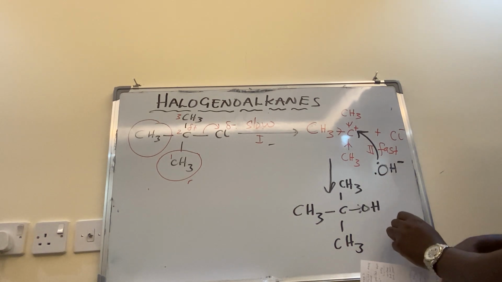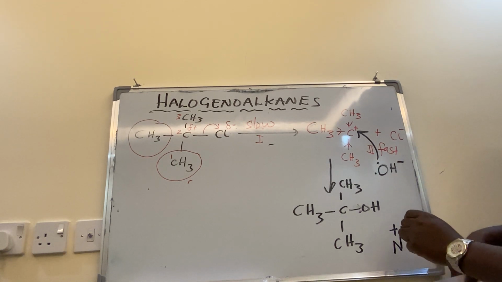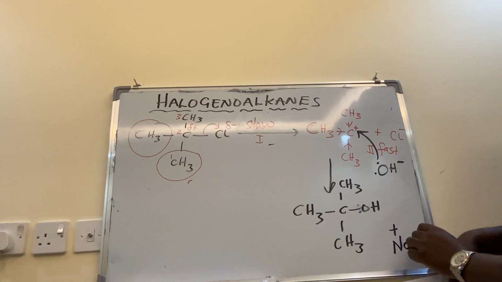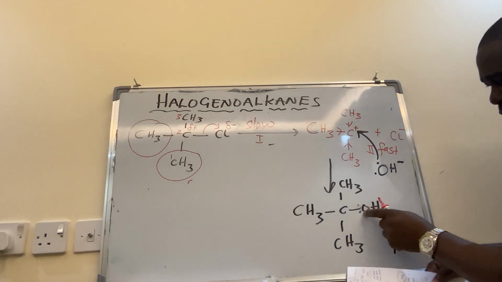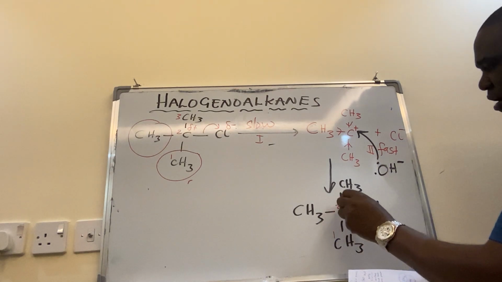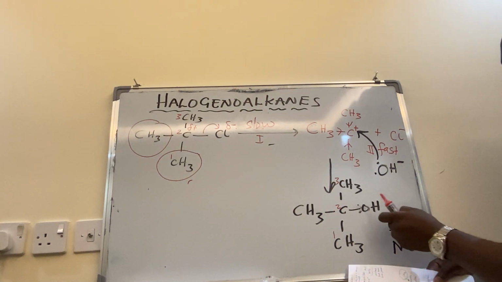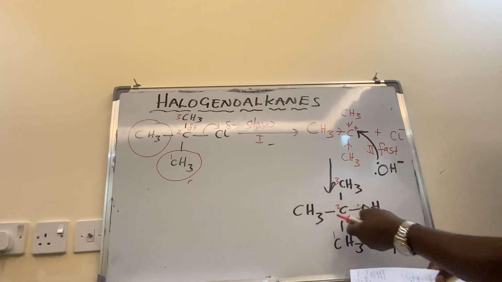And then we have obviously our sodium chloride in solution, because the OH will be having sodium chloride. Another fast exercise. How do we name this one? We have OH and we have CH3. Again we have carbon 1, 2, 3. This is an alcohol. It's actually a tertiary alcohol.